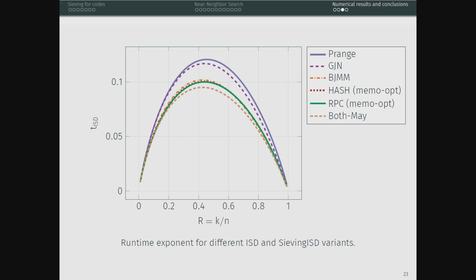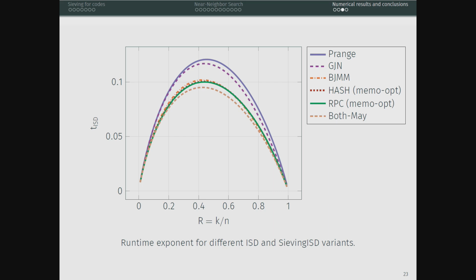Here are the numerical results that we obtained for different algorithms. In particular, the Prange algorithm is taken as the baseline, as it was the first approach. After that, you can see that already the approach from Guo et al. gives some improvements in the asymptotic running time.